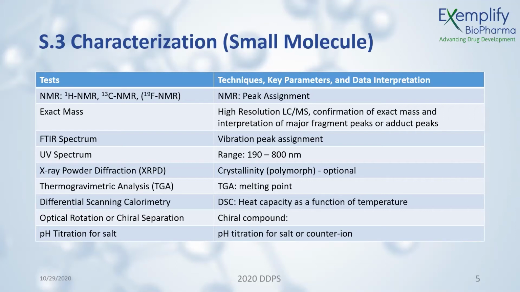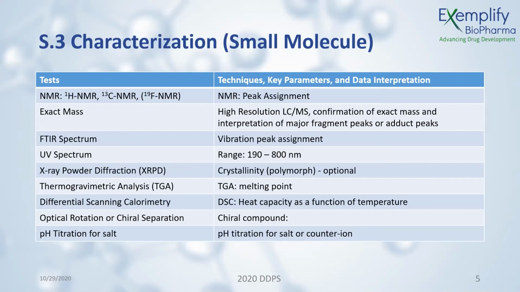And if you have a crystalline material API, you need to obtain X-ray powder diffraction. So this is optional if you have a crystalline drug substance. You also need to present some thermal characterization by TGA or DSC. These are more a physical characterization as a basic property.